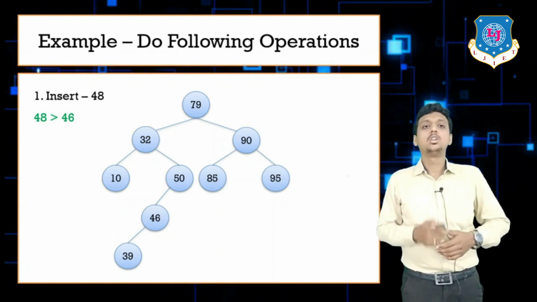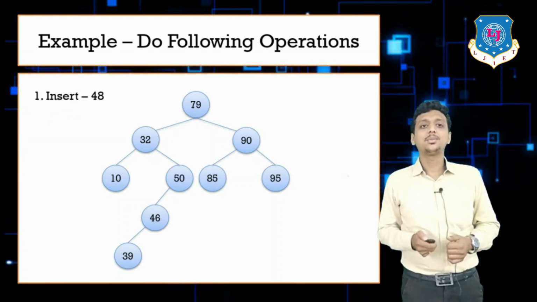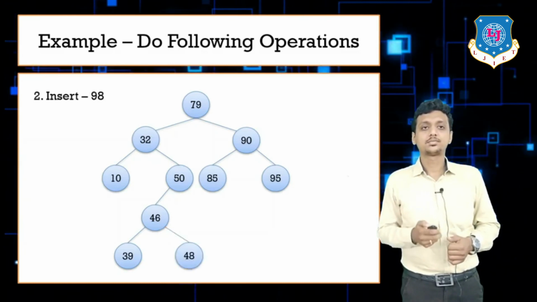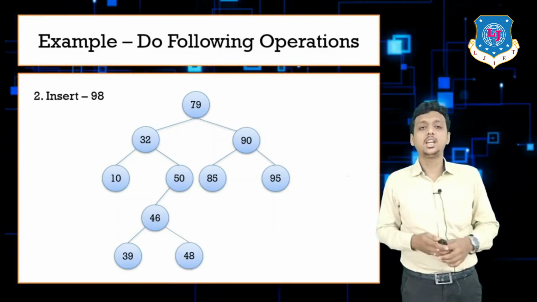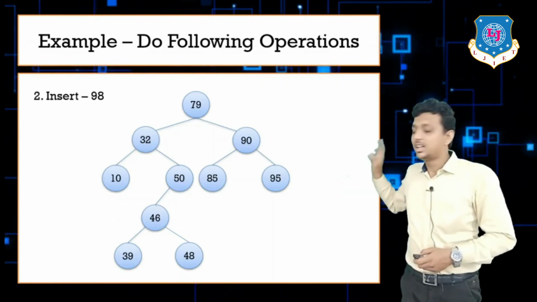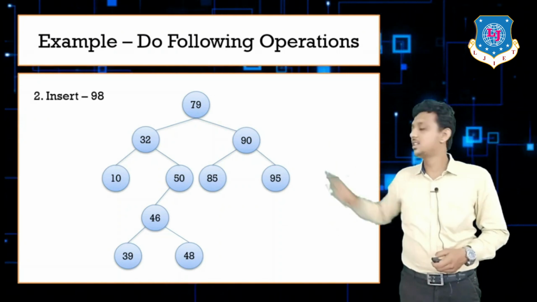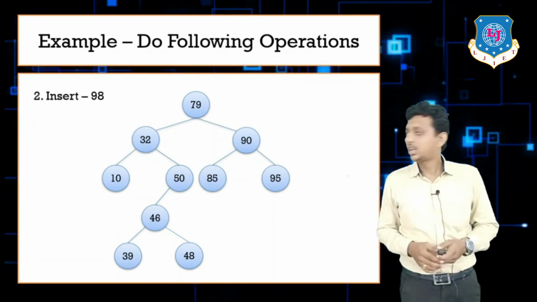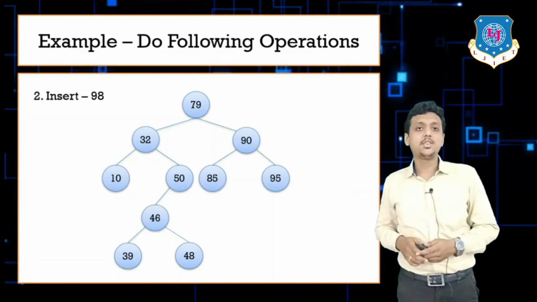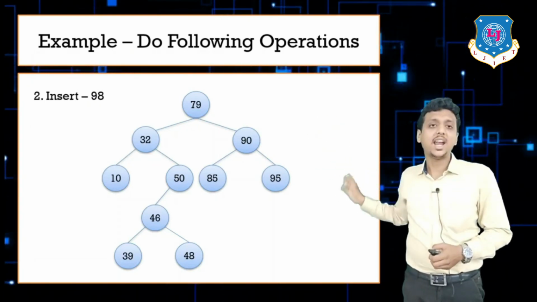Fine. Now the next value is insert 98. Students, if you can see, right now I am inserting 98 in my previous answer, where I have already inserted 48. So again, start the comparison from 79. 98 is greater than 79, so move towards the right side.